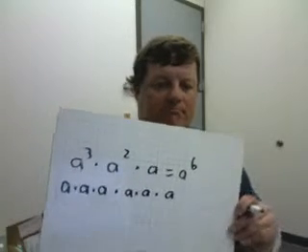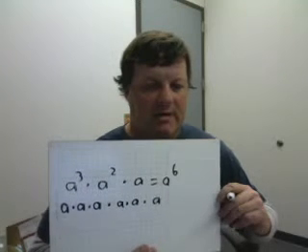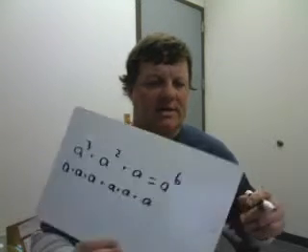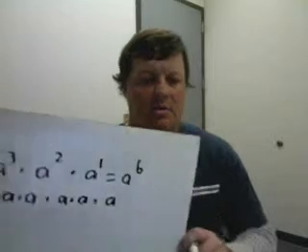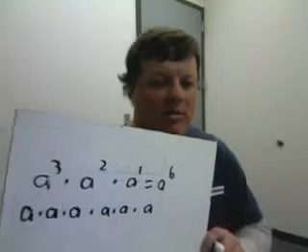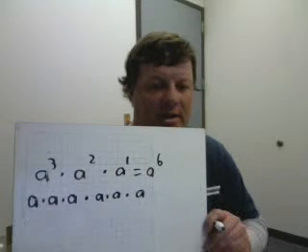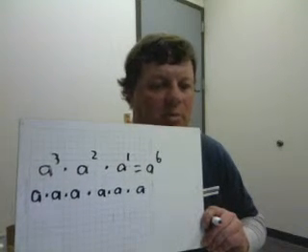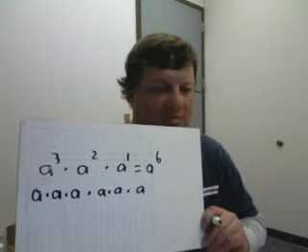And one thing to remember to help you with your conjecture is that whenever you have a all by itself, it is really written as a to the first power. Okay. Now, some of you might already start coming up with the conclusion of what we do when we multiply like bases. If not, let me put one more down and have you go through the activity one more time.